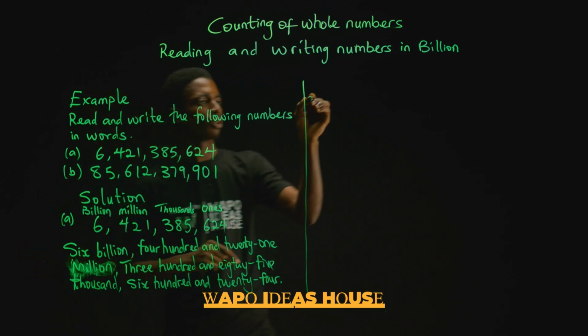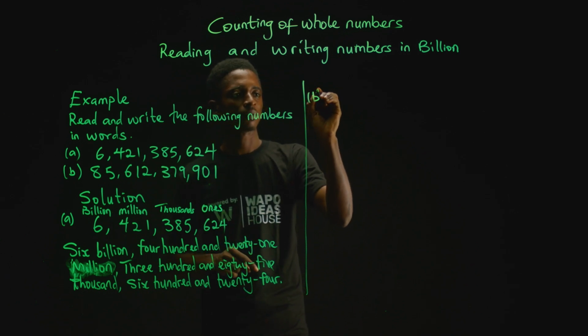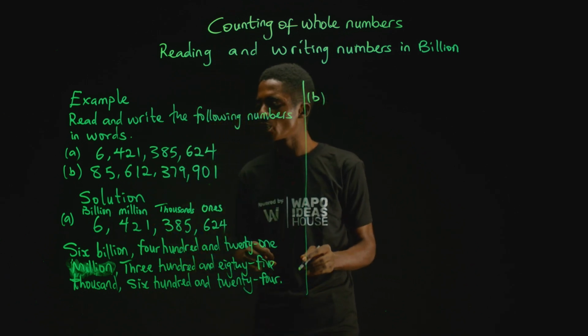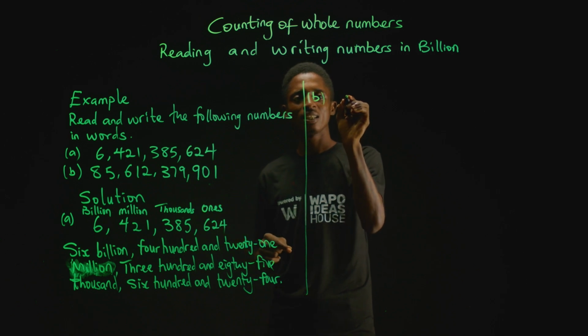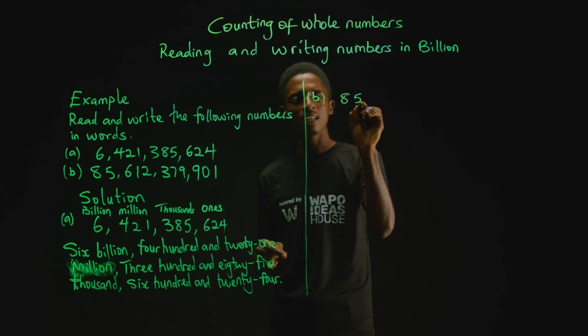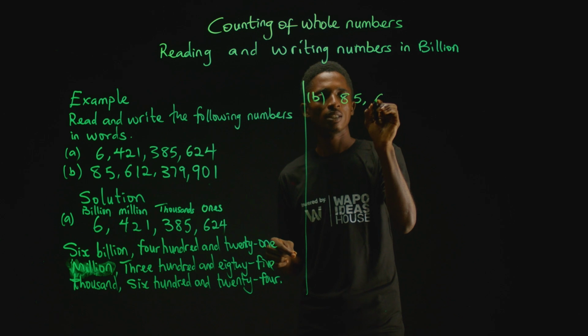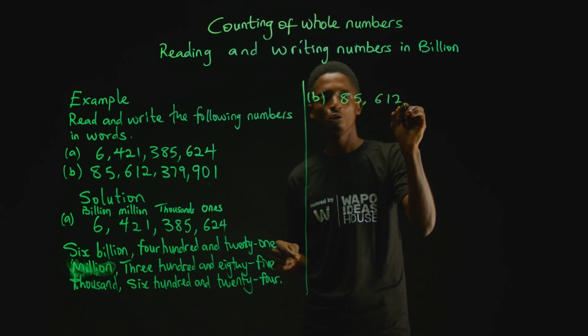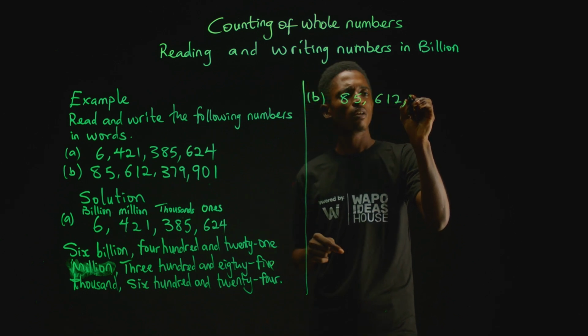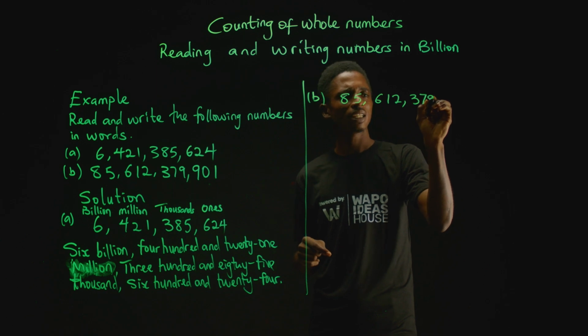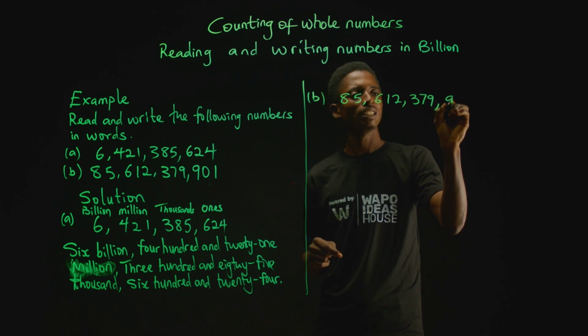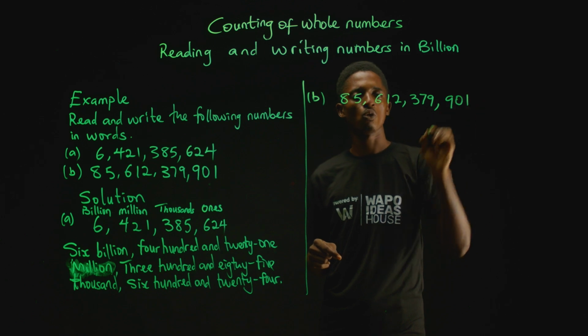Now that we have done this, let us go ahead to apply the same method to writing this in words. So, B. The number we are dealing with this time is 85612379901.